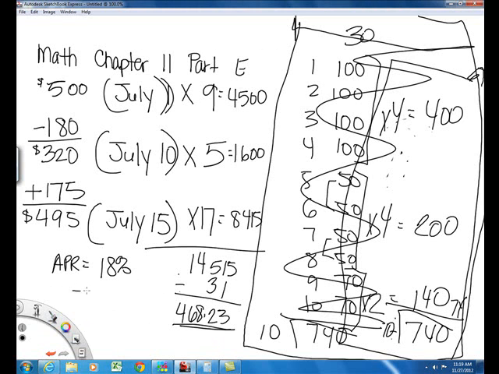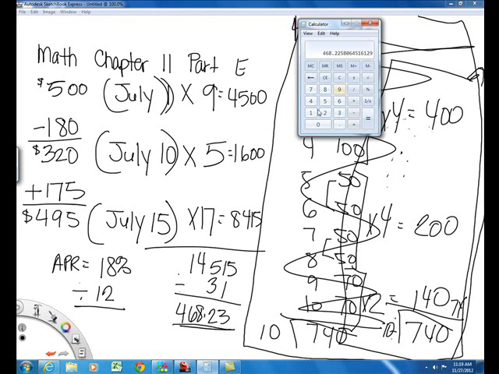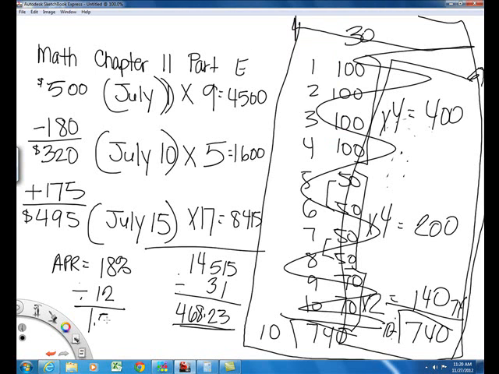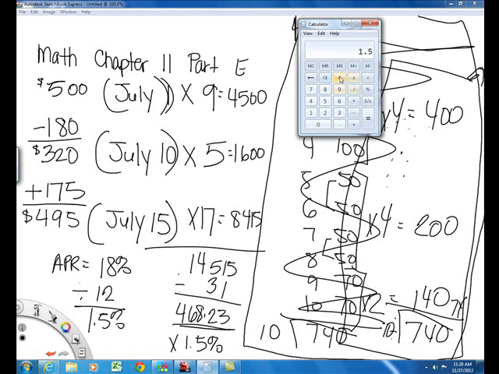Now, I only find the average daily balance so that I can apply my finance charge. My finance charge was given to me as an annual percentage rate. So all I have to do is divide that by 12. So I take 18 divided by 12. So I have a 1.5% monthly percentage rate. I'm only finding my average daily balance so that I can find out what my finance charge is.